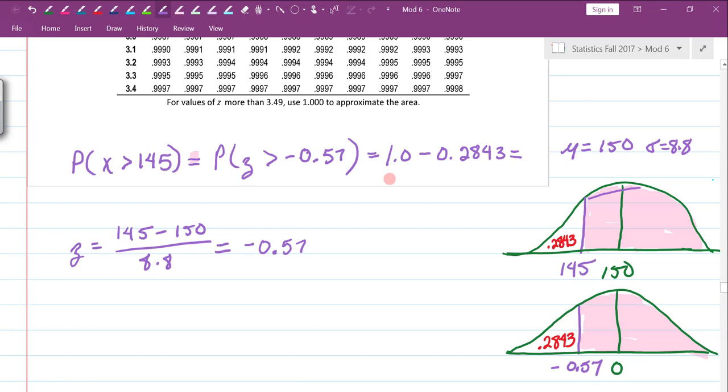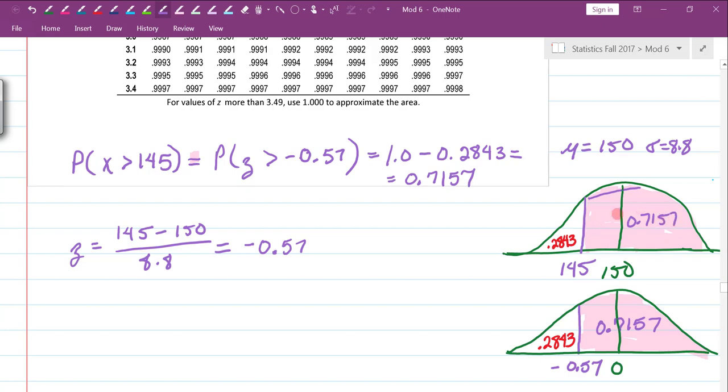So this is going to be equal to 0.7157. So the area under the curve for this whole area is 0.7157, and that's this whole area in here.